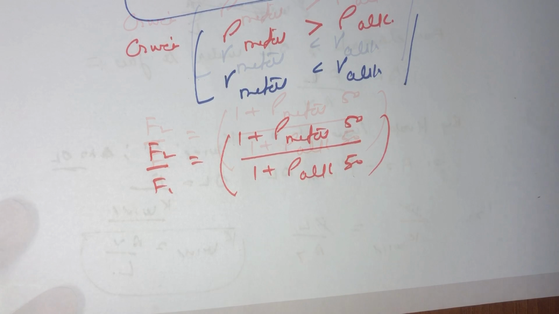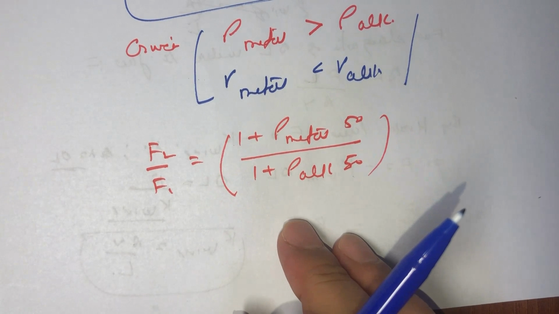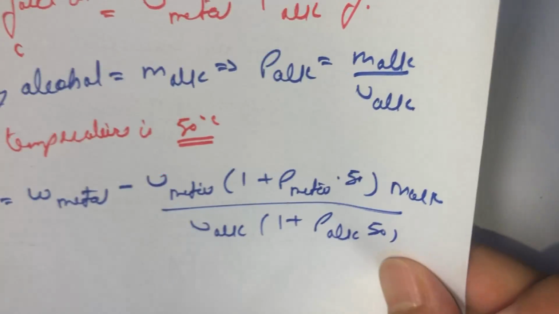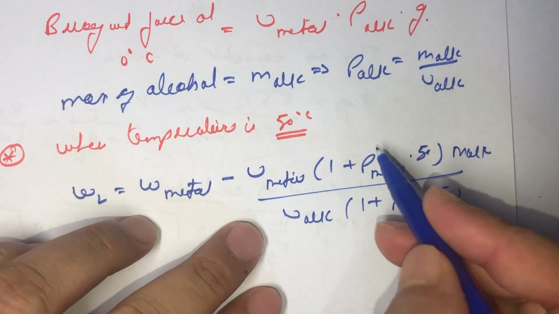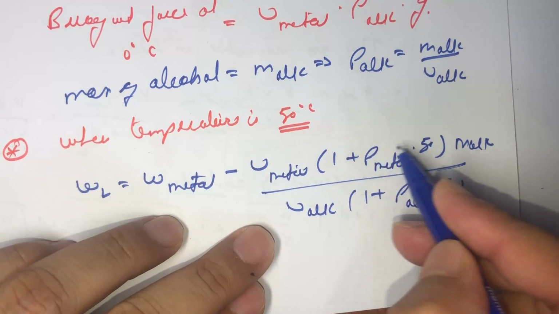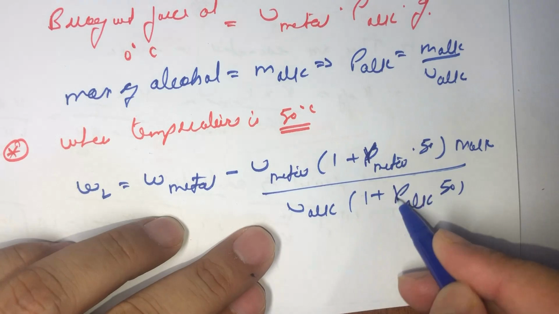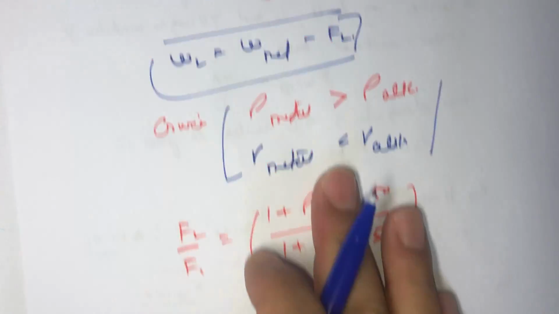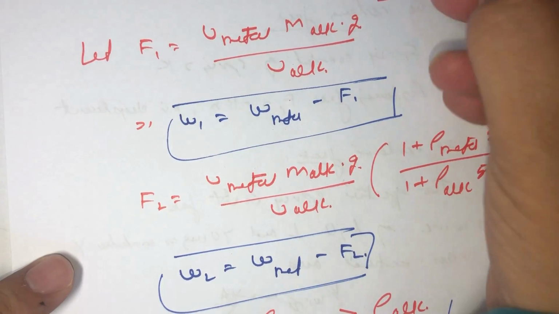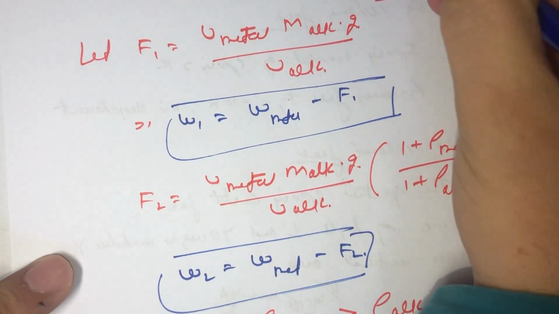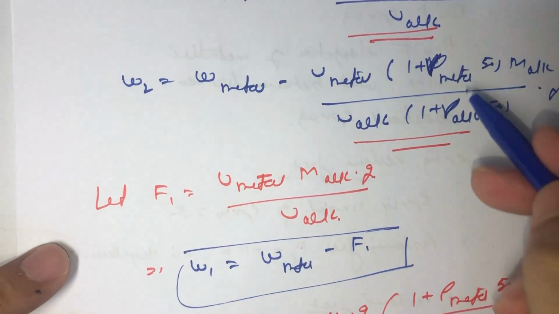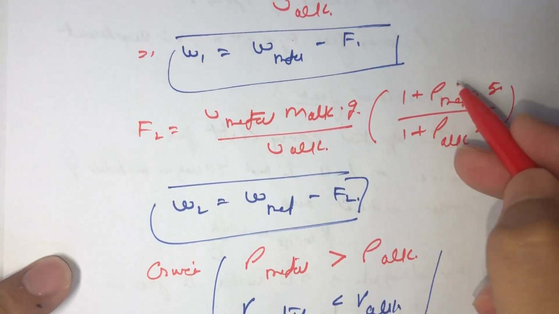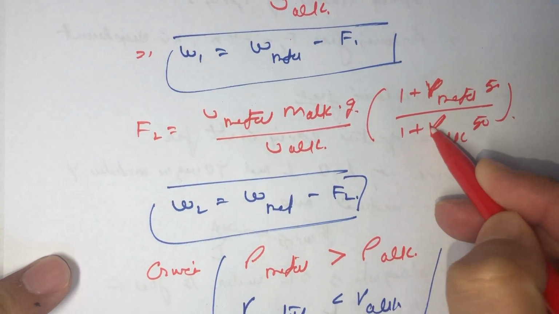One second, sorry, there is a mistake on my part. I wrote the entire formula wrong. Here it should be gamma, not density. This is gamma, this is also gamma, and here also it should be gamma. My apology for that. It should be gamma, the cubical thermal expansion.